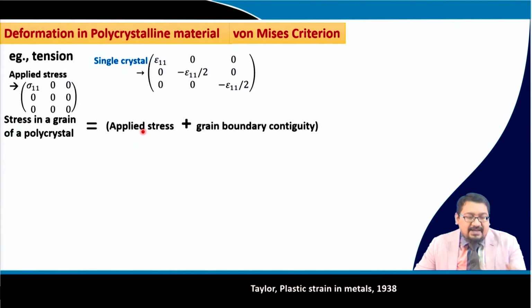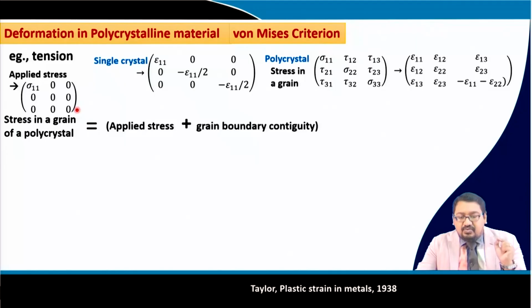So, if the applied stress is simple, in a grain the stress incorporated would be a complex stress state, which will have sigma 11, sigma 22, sigma 33, tau 12, tau 13, tau 23, tau 21, tau 31, tau 32. So, all the 9 stress tensor variables will be present, because in order to maintain the grain boundary contiguity.